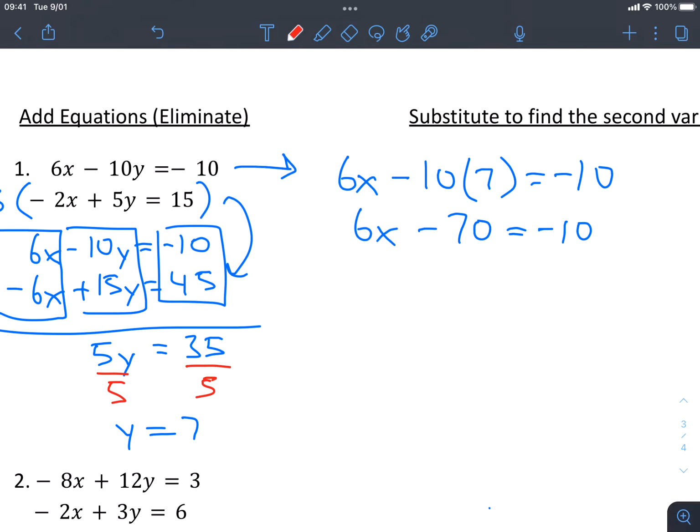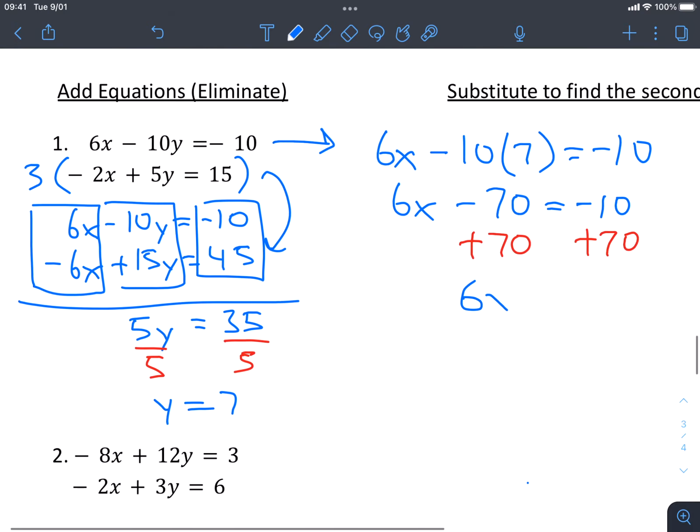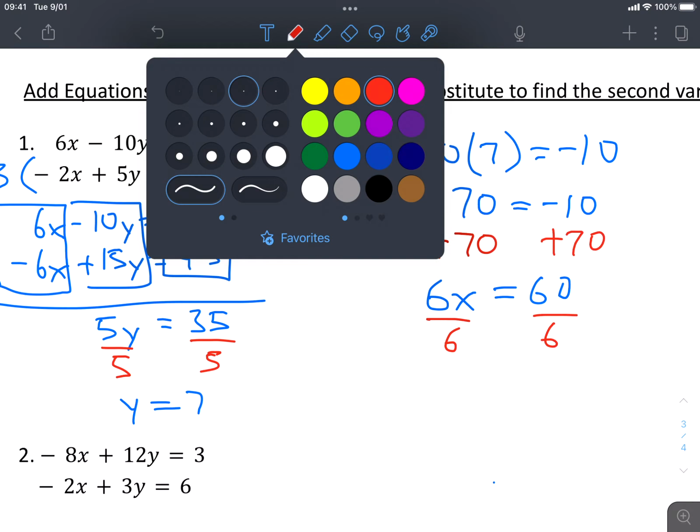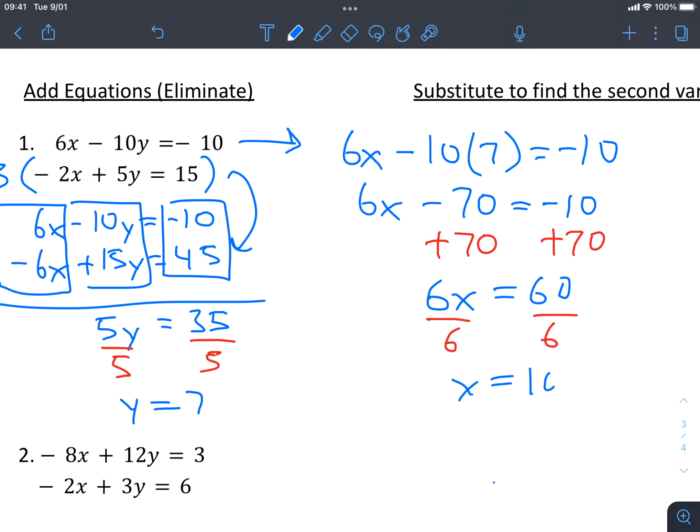I'm then going to add 70 to both sides. And I get 6x is equal to 60. I then divide by 6 on both sides, and x is equal to 10.